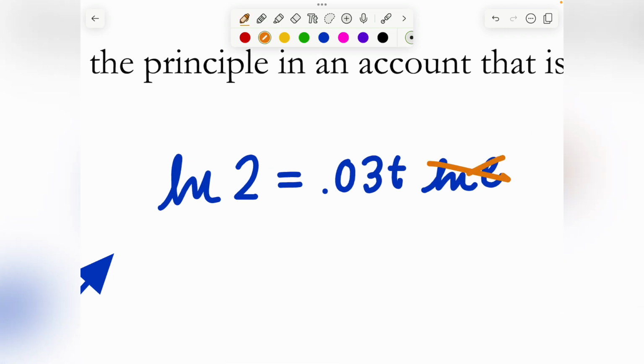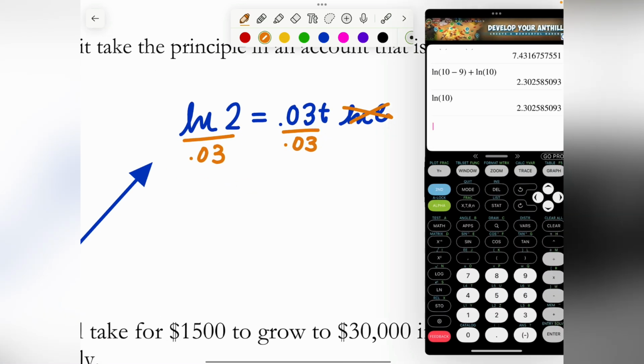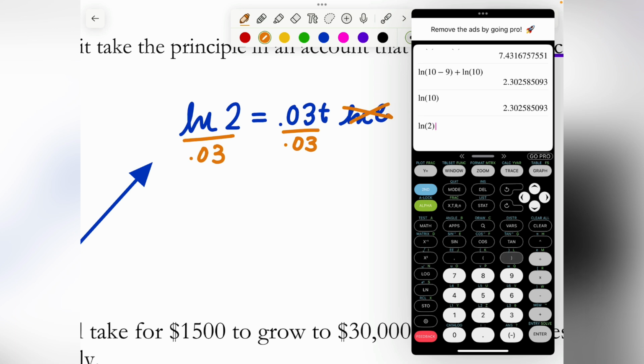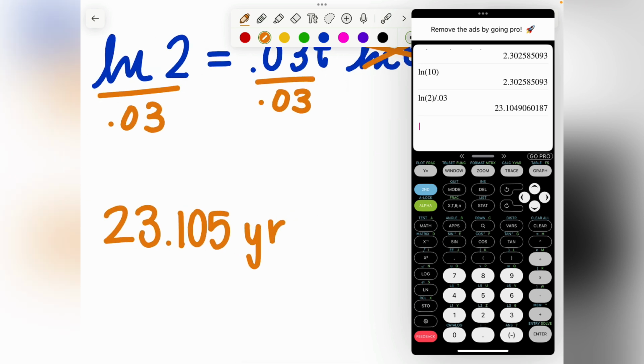And as we know, natural log of e is 1. So I'm just going to divide over this 0.03. I have my answer. Natural log of 2 divided by 0.03 is 23.105. And we'll put years.